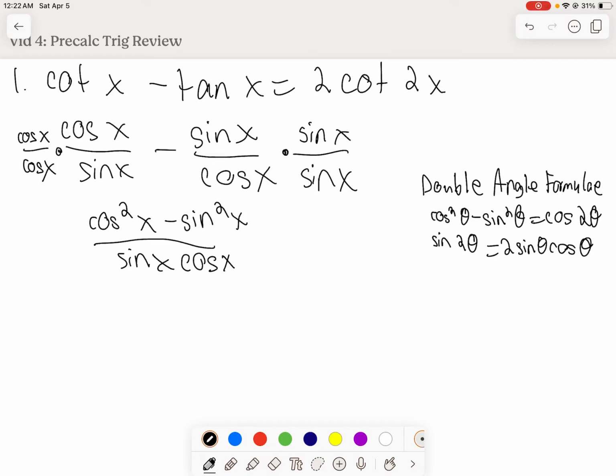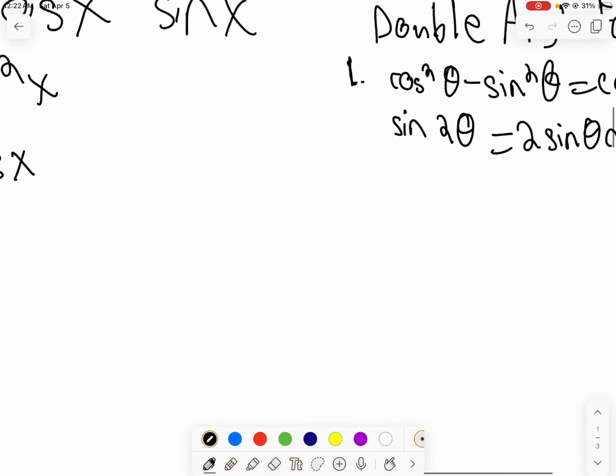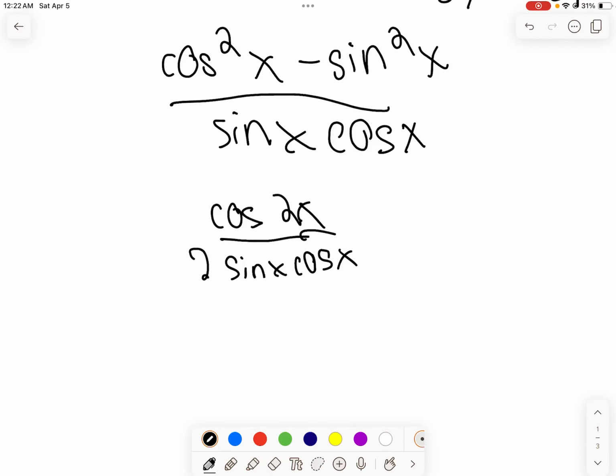Cool. So, looking at the numerator, we can use formula number 1. Oh, my apologies, didn't mean to write it in theta. And x. Now, for the numerator, although we don't quite have a 2 here, there's no 2 here.